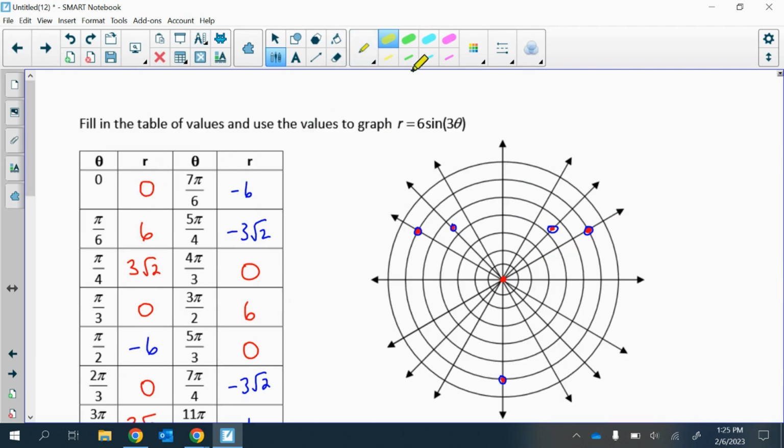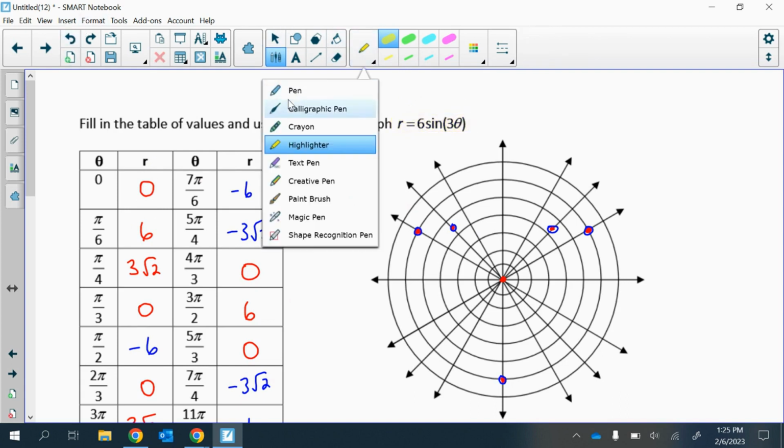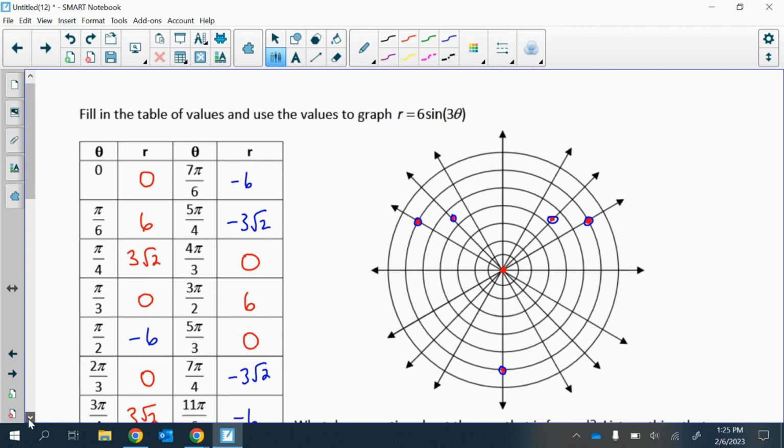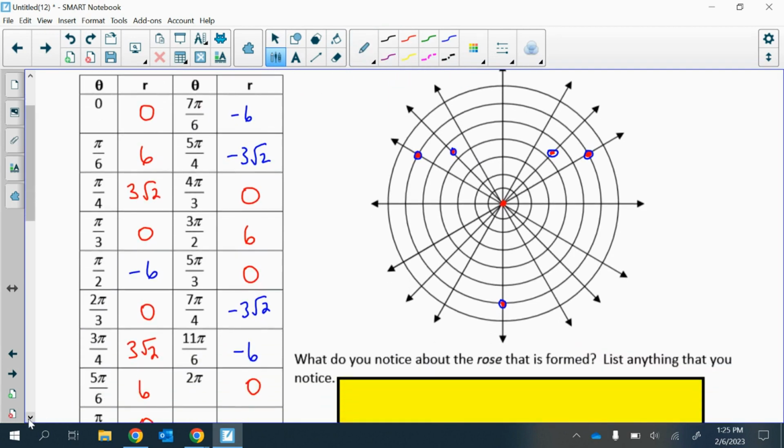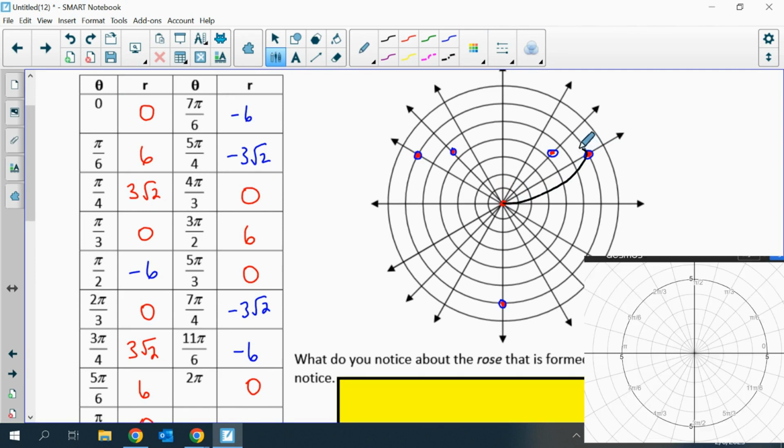Okay, we're going to use this table of values again for r equals 6 sine 3 theta. I have plotted these points already, just in the interest of saving us some time. So we're going to start at 0, 0, then pi sixths, comma 6. So I'm sweeping out this way. Pi fourths, then back for pi thirds, I'm at 0.